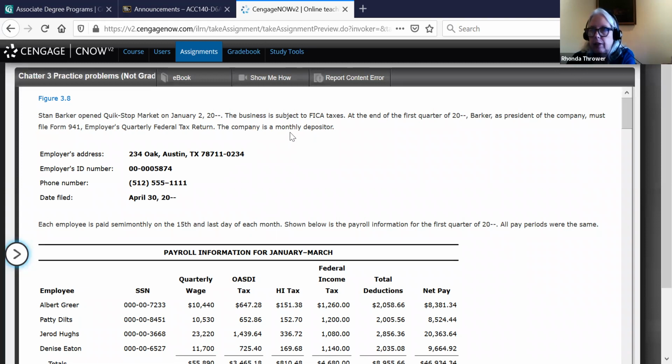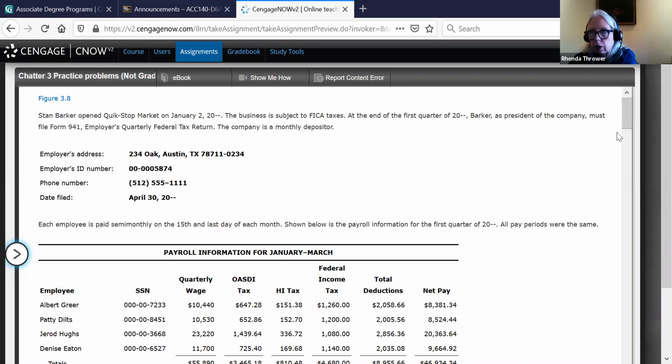If we had been a semi-monthly depositor, then you have to complete Schedule B of Form 941. That does not apply to us since we're a monthly depositor. We just record it in Part 2, I believe it was, of the form.